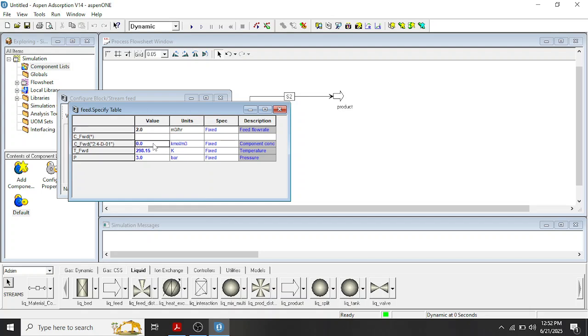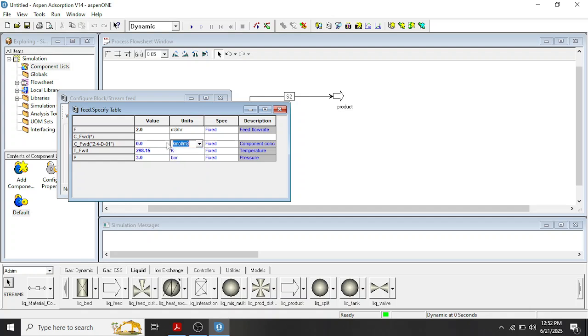Okay. Now this is the concentration, the concentration of 2,4-dichlorophenolic compound in the feed. The unit can be molarity or kilomole per cubic meter. Here you can see mole per liter, molarity.